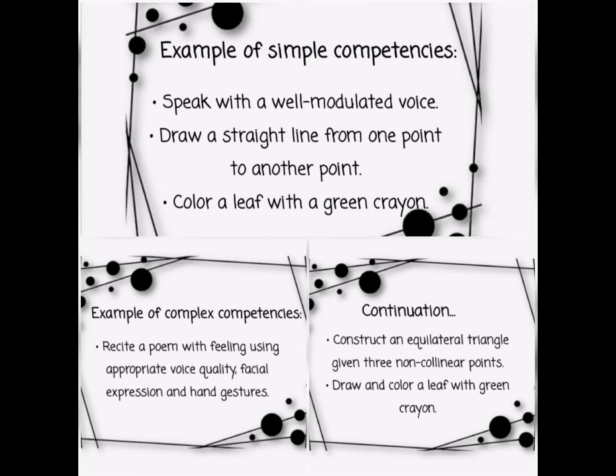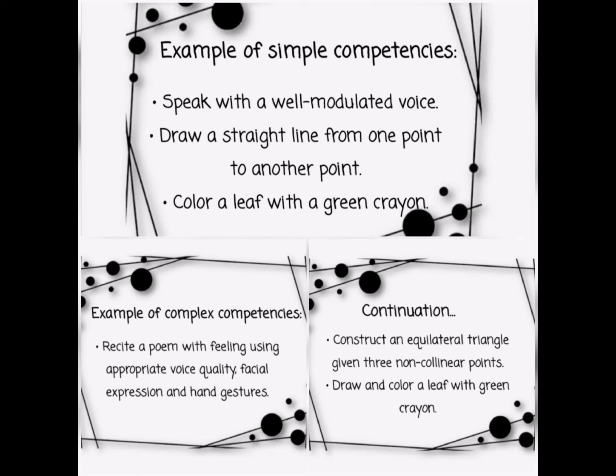unlike the complex competencies, whose examples are: first, recite a poem with feeling using appropriate voice quality, facial expression, and hand gestures. Another one is construct an equilateral triangle given three non-collinear points. And lastly, draw and color a leaf with green crayon.